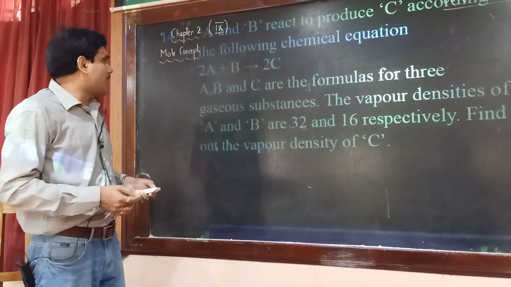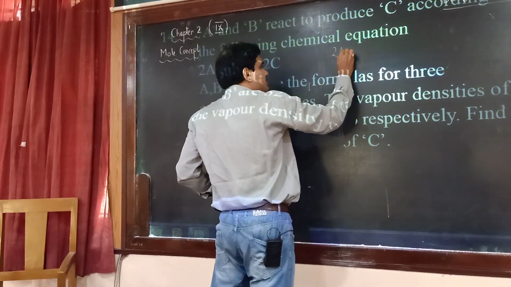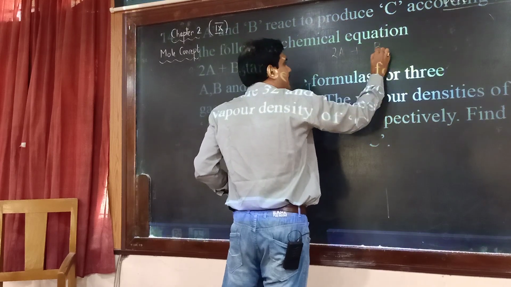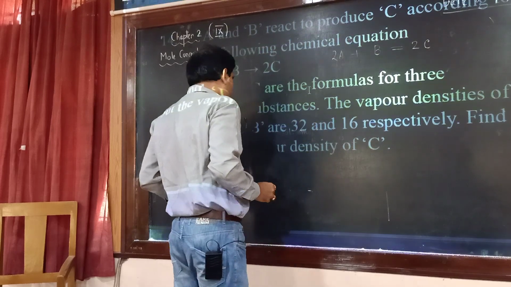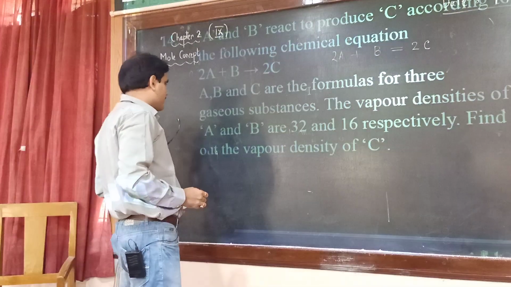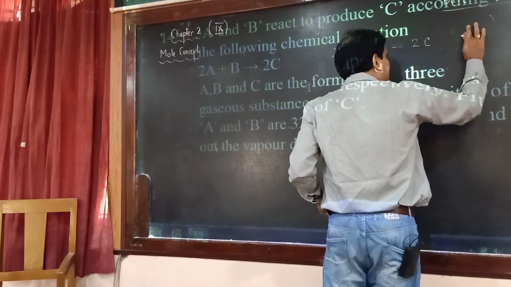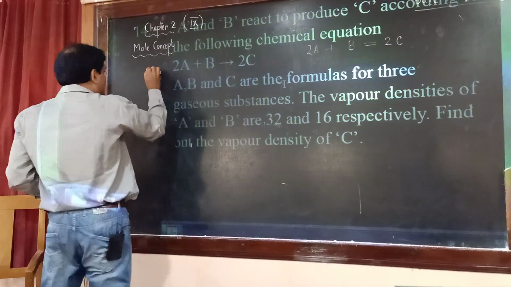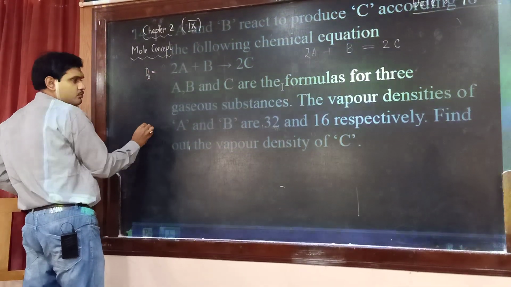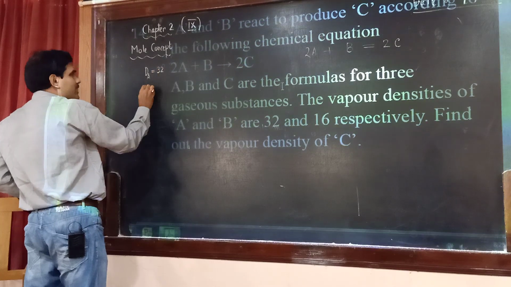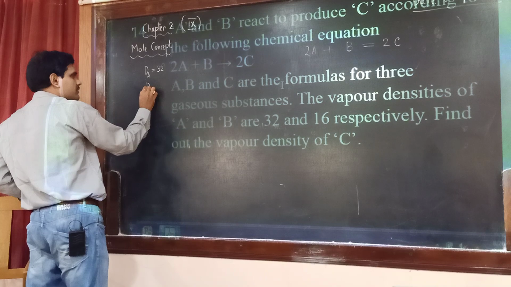Okay, so I have a given reaction 2A plus B equals 2C. A and B have vapor densities, I can write them in this way: the vapor density of A is 32 and the vapor density of B is 16.